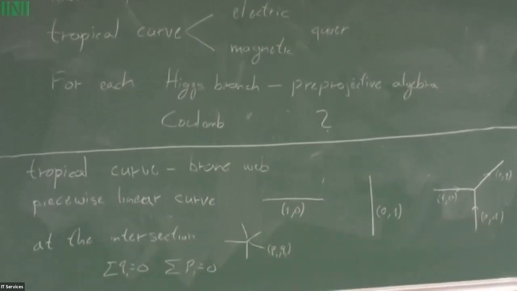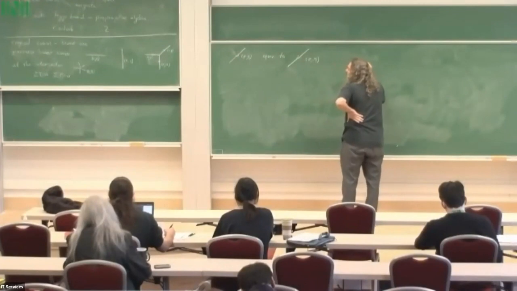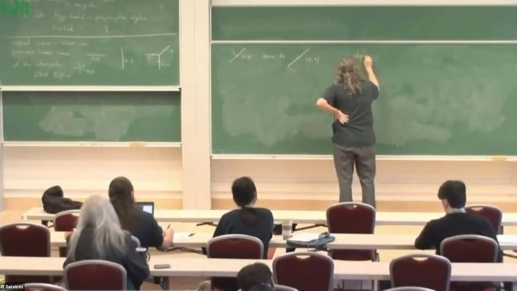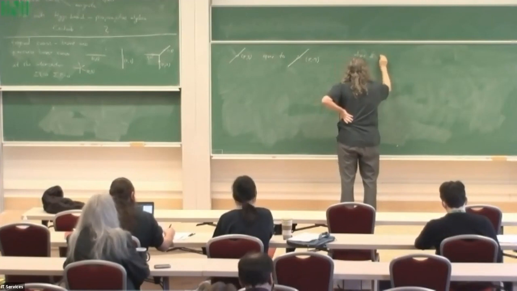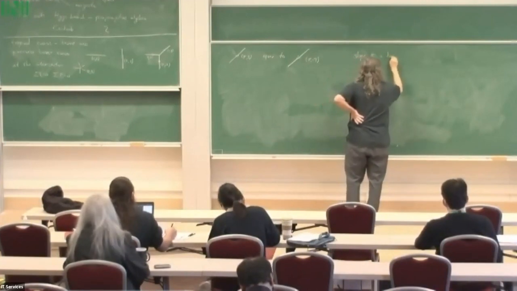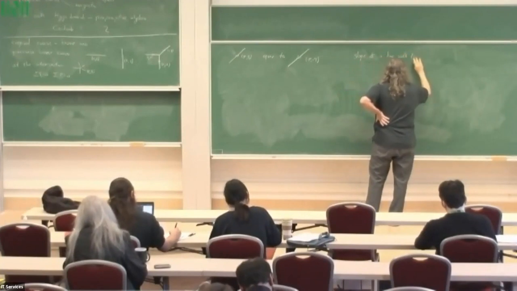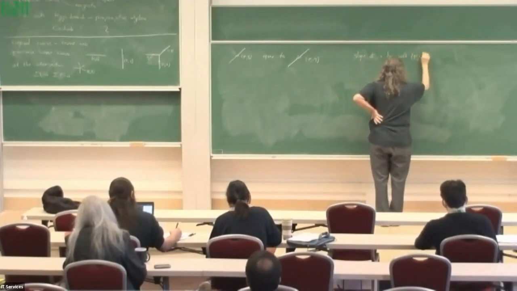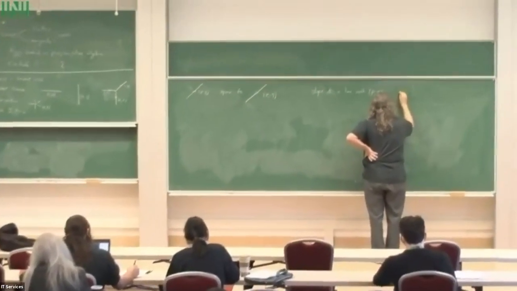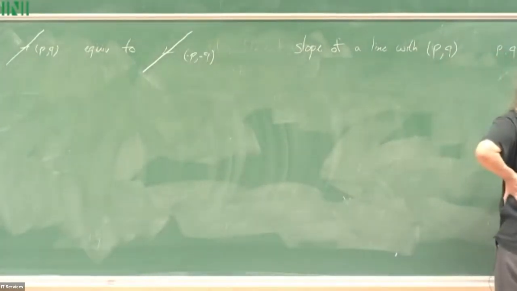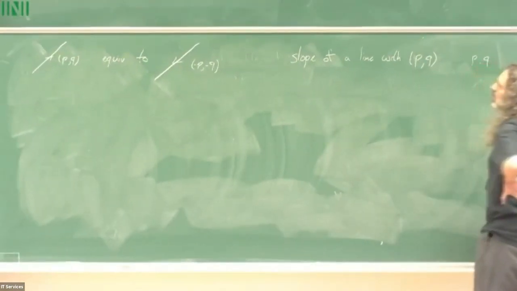That's the first rule of a tropical curve, and the second is that the slope of a line with numbers (p, q) is the angle given by those numbers.